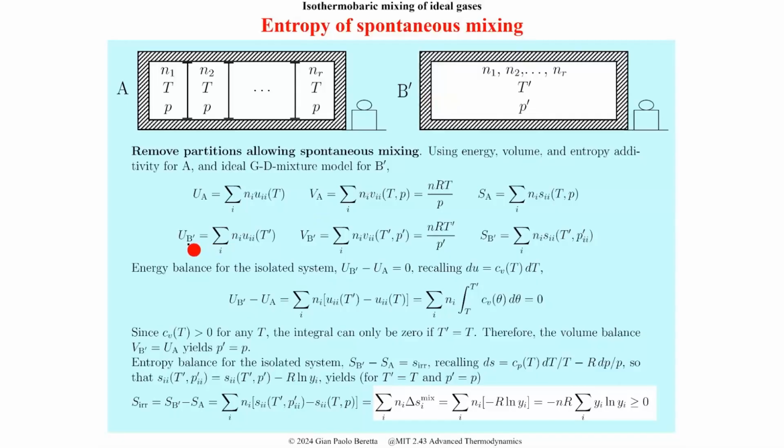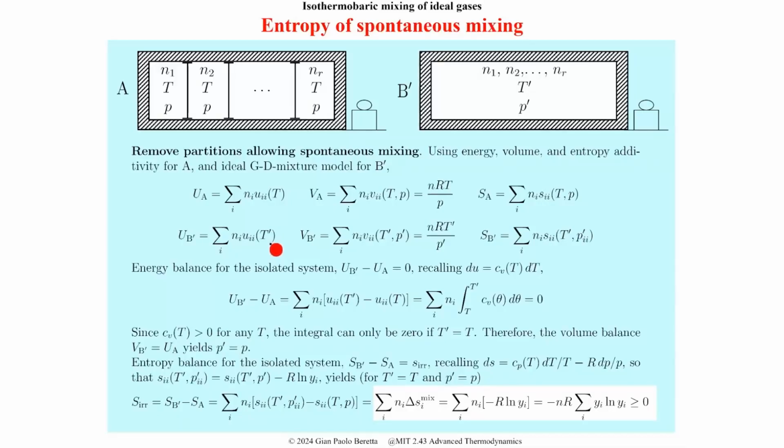Therefore, the energy for the mixture is equal to the sum weighted by the amounts of the specific properties of the pure components evaluated at the temperature and the partial pressure.